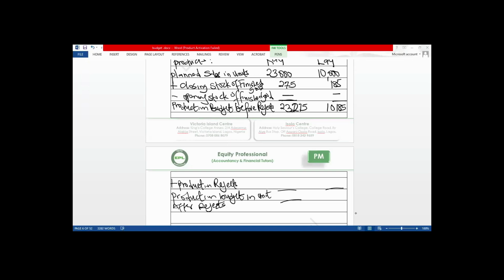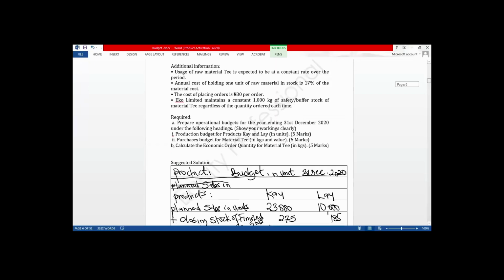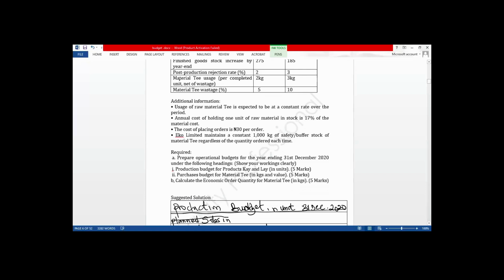If you look at the question, please listen to this aspect. Let me take you to the question. Post-production rejection rate. That means after production, we expect 2% of product K to be rejected. That means if you are going to produce 100%, out of this 100%, 2% will go bad.